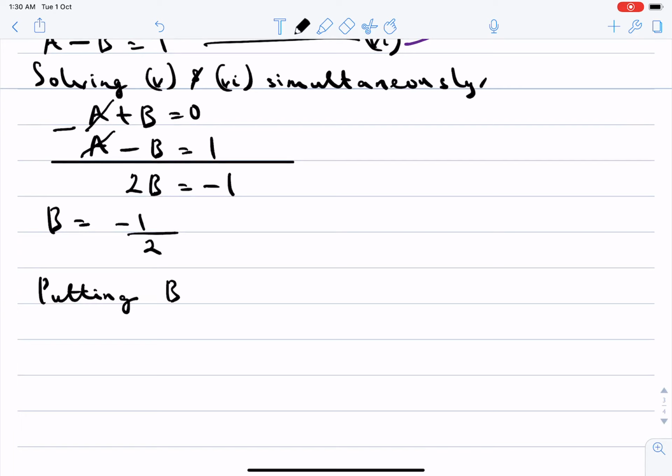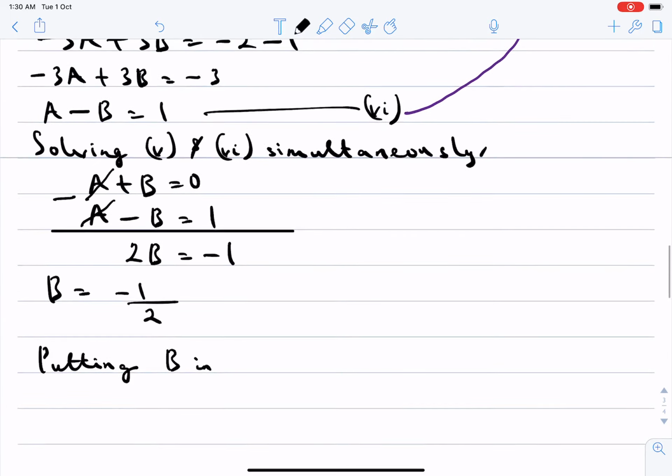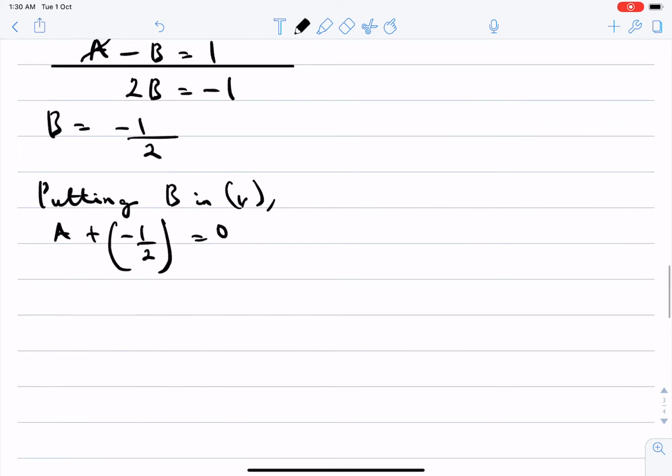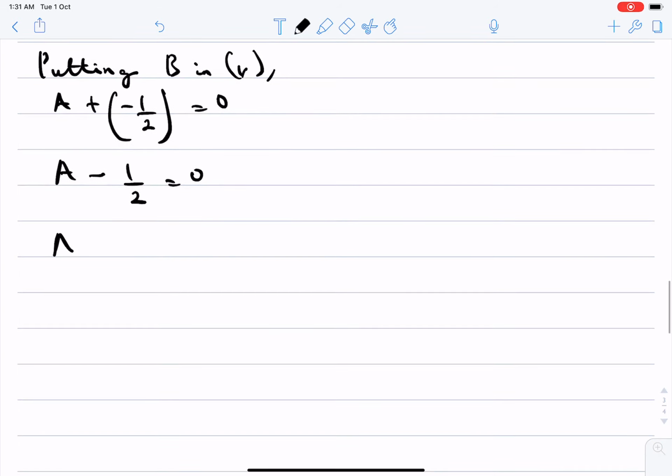Putting b in 5, a plus b, which means a plus minus 1 over 2 equals 0. And that means a minus 1 over 2 equals 0, which means a equals 1 over 2.